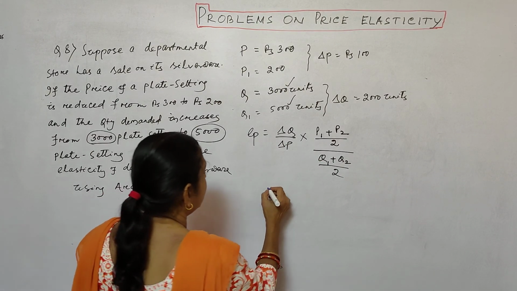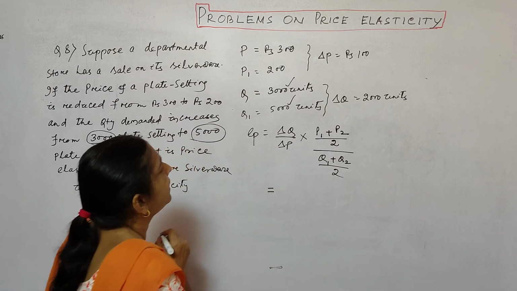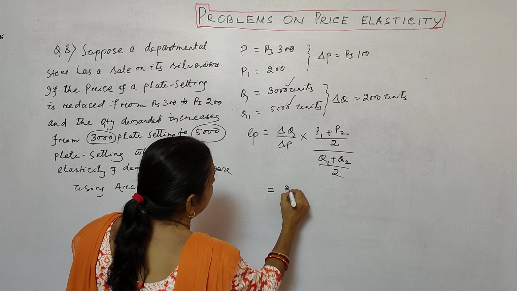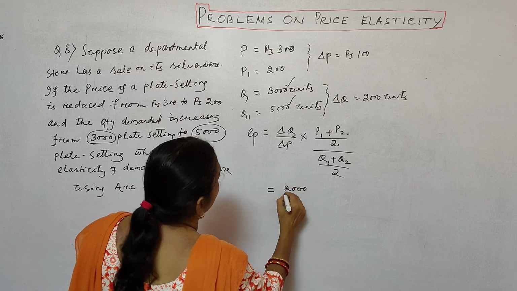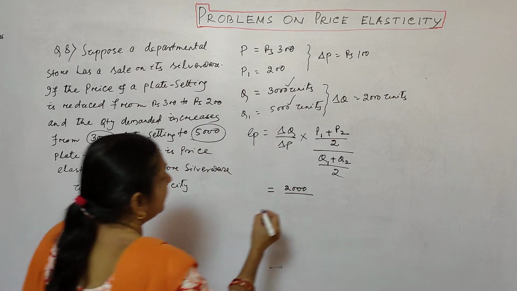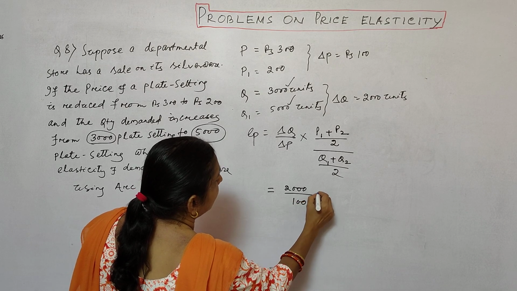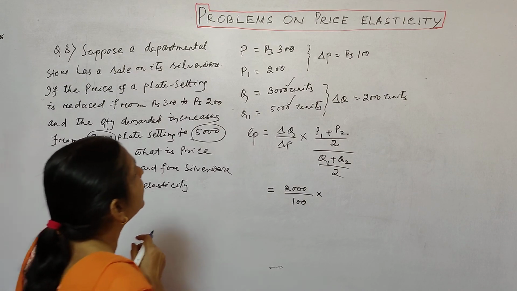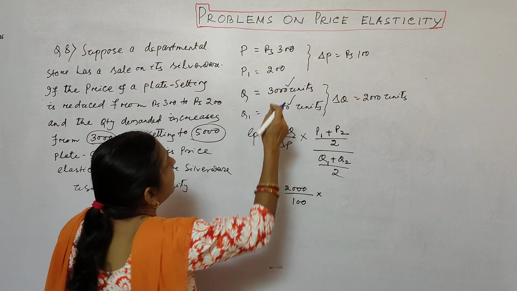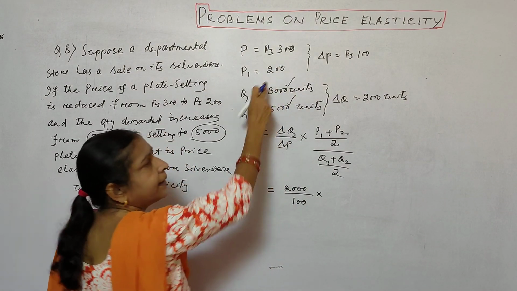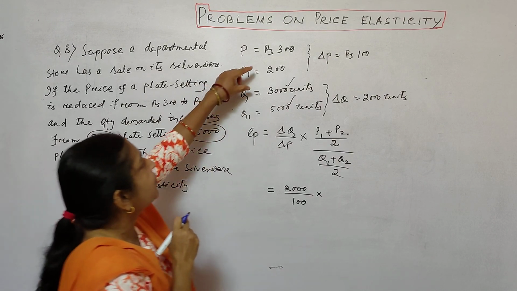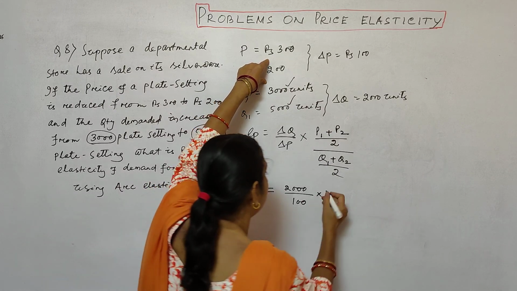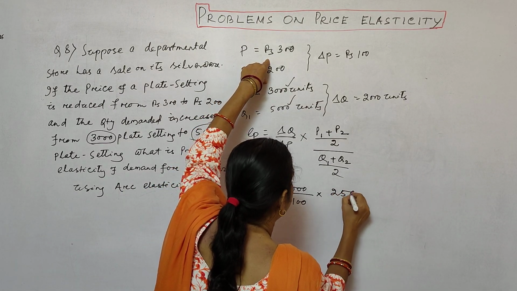Now we will find out the average of the price and the average of the quantity. First, delta Q. Delta Q is 2000. Delta P is 100, into the average of the price. Average of the price means 300 plus 200 divided by 2. It comes to 300 plus 200, 500. 500 divided by 2, 250.